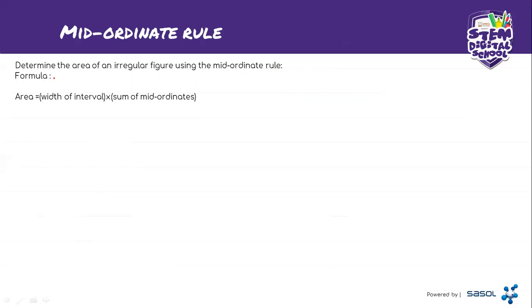The formula that we are going to use is area equals the width of interval multiplied by the sum of the mid-ordinates. Let's get an example where I'm going to explain what the width of interval is as well as the mid-ordinates.